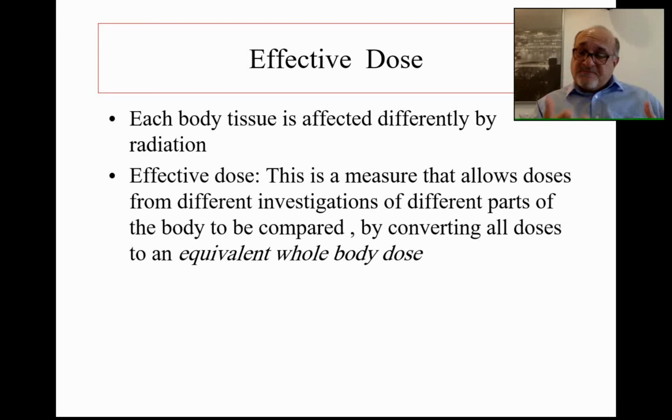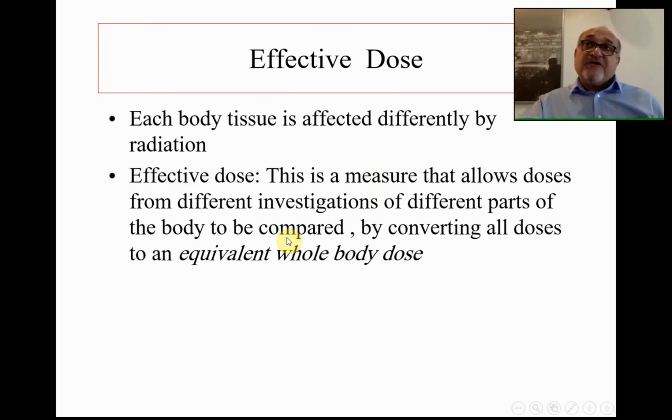See, tissues react differently to ionizing radiation. They absorb the radiation. That means the X-ray photons will give their energy to the cells, to the atoms of the cells. But which cells and which tissue? So each body tissue is affected differently by radiation.